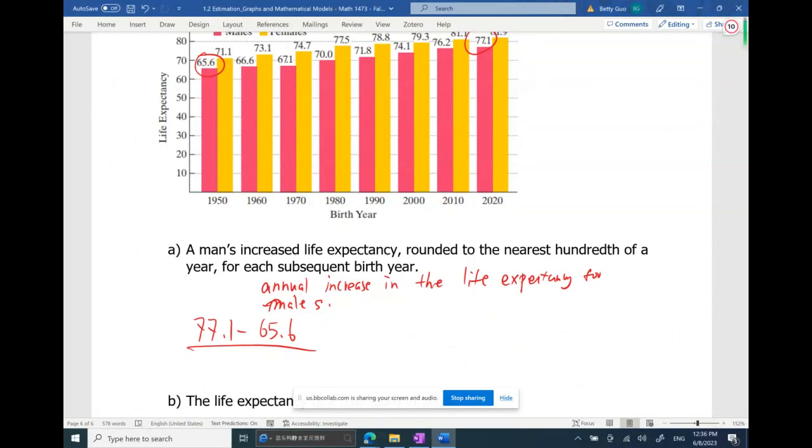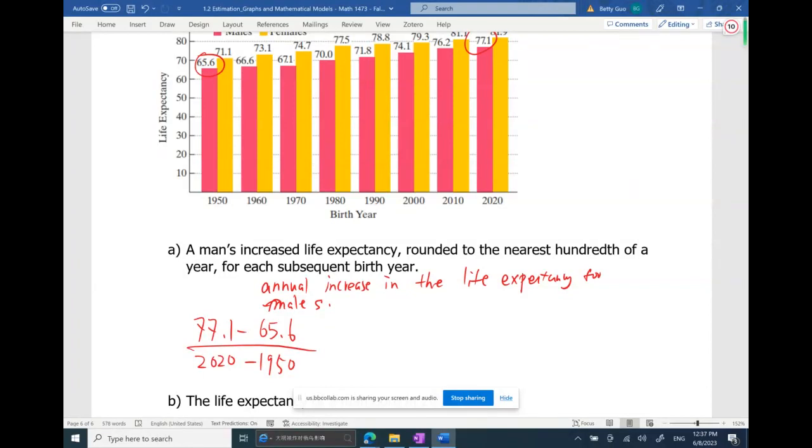Let's see how many years from 1950 to 2020. Use 2020 minus 1950. If you have a chance to go higher, take pre-cal or even calculus, there's a definition called average rate of change. So this actually is the concept definition of average rate of change.